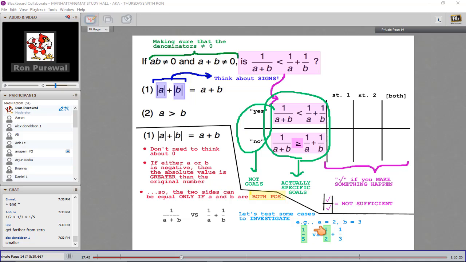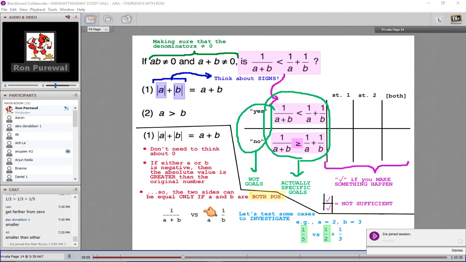Yeah, the 1/5 is going to be less than either of these individual fractions, because when it's 1 over something, 1 over a smaller number is a bigger number, and 1 over a bigger number is a smaller number.